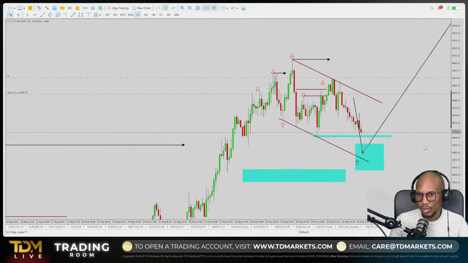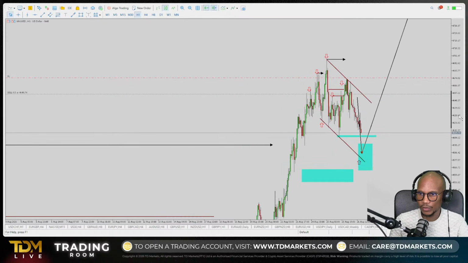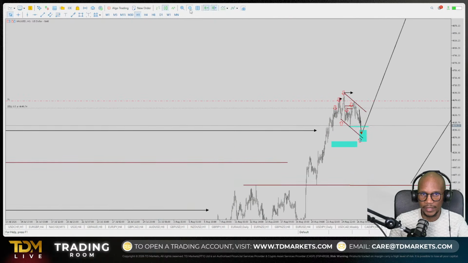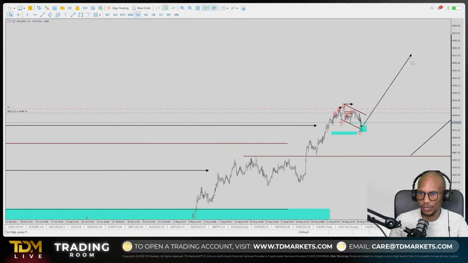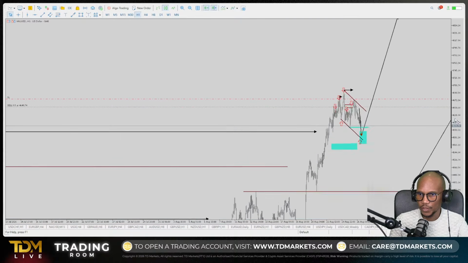So look where gold is. 100% spot on. Many of you might have left this trade, but remember, don't forget this one. We are waiting for this one. If you left this short-term sell, the buy is coming.